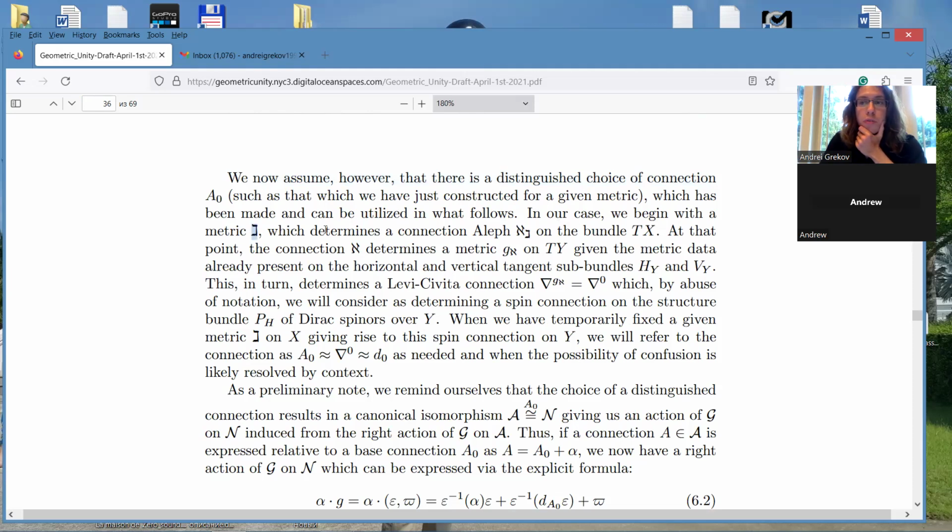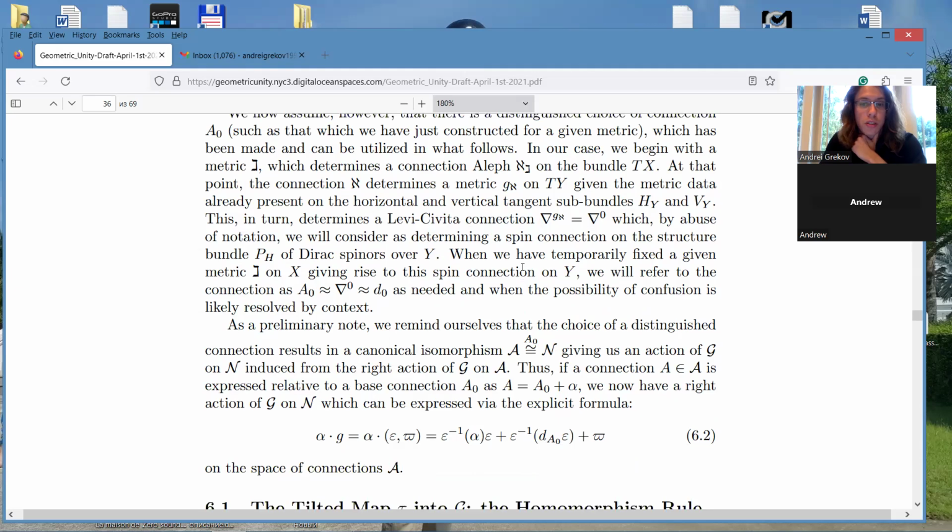Yeah, again, he begins with metric on X, determines connection on bundle Tx, yeah. The connection determines the metric. Again, here he keeps this unclear step, which I have to guess. And this gives him level with the connection. So that's, I guess, our dynamical variable.